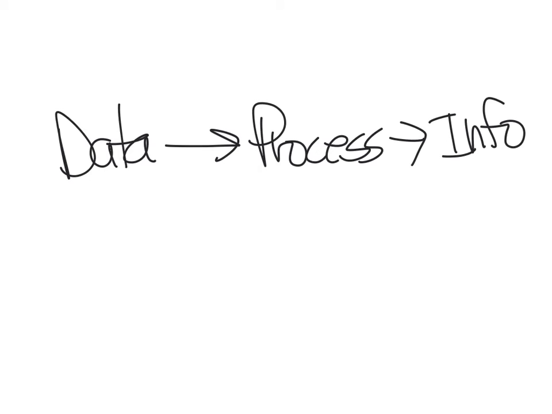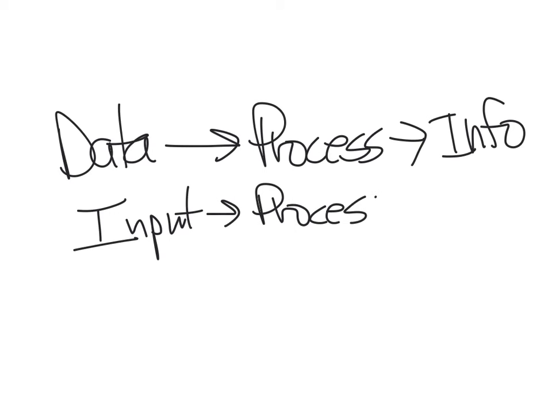Okay. Same thing though here, IPO: input, process, output. Alright, we talked about LANs and WANs, we talked about wire, fiber optic.